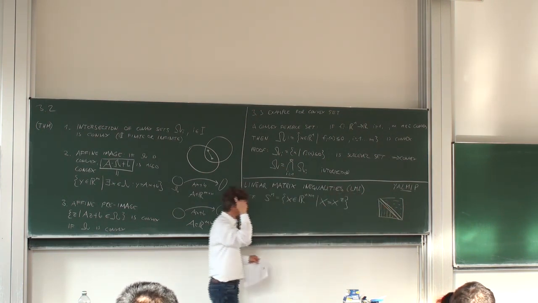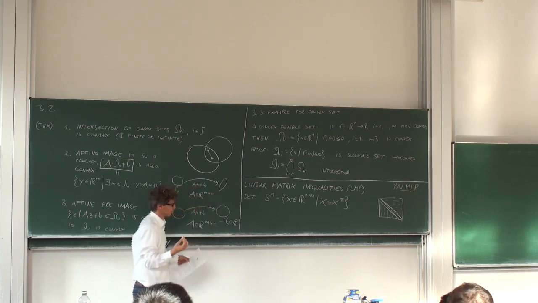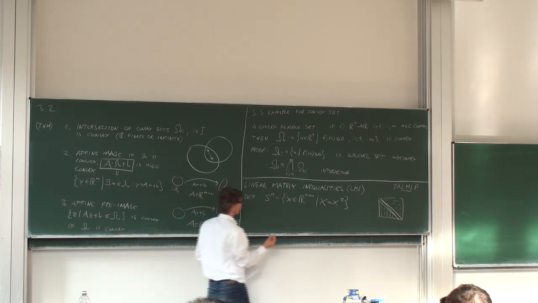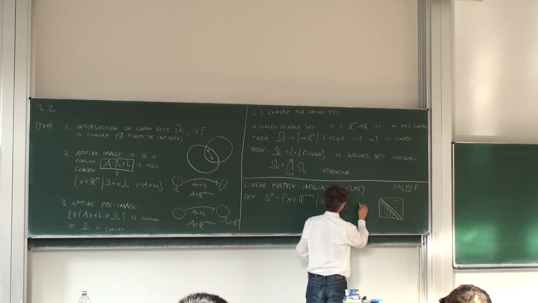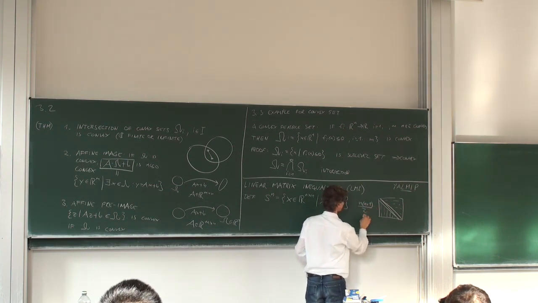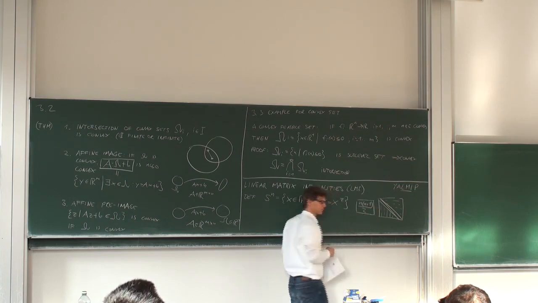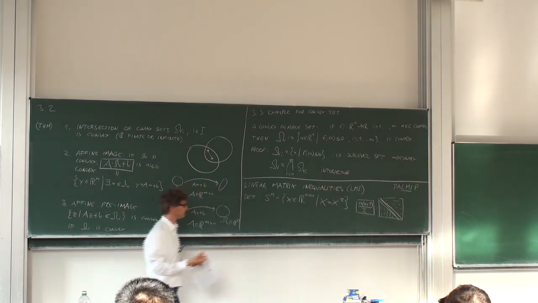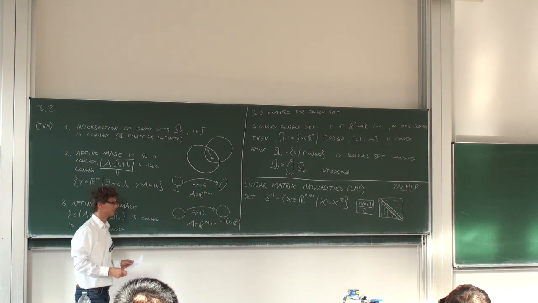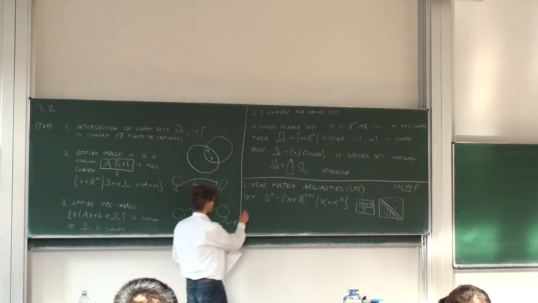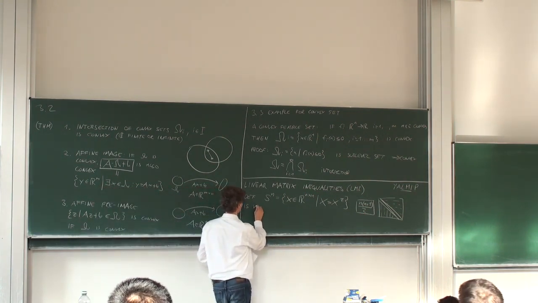So it is actually a vector space of a dimension that is n times (n plus 1) divided by 2. That's the dimension of this space. This is the number of numbers that you need to represent one element. So this is just a vector space.